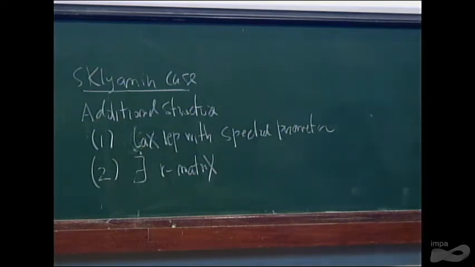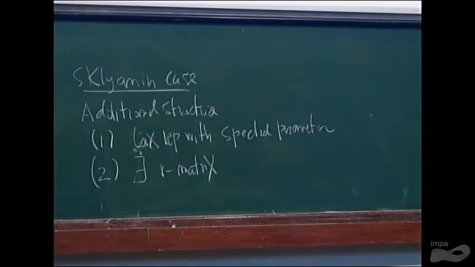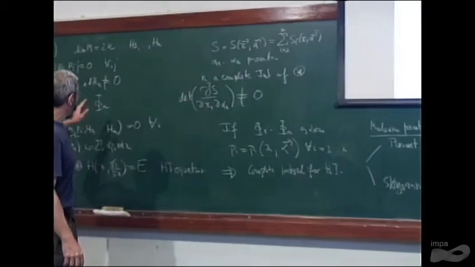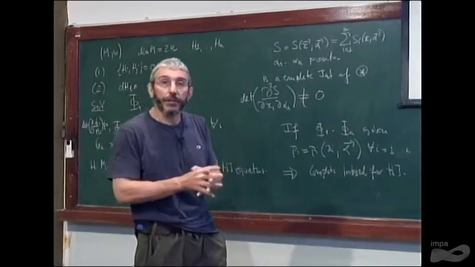In a lot of cases, it is possible to find this structure, and so it is possible to answer this question and go to this separation of variables for the integrable system.